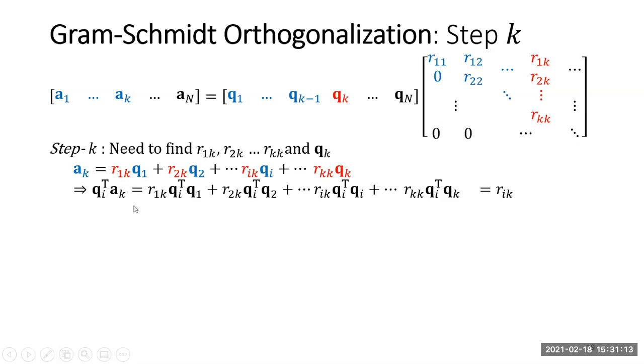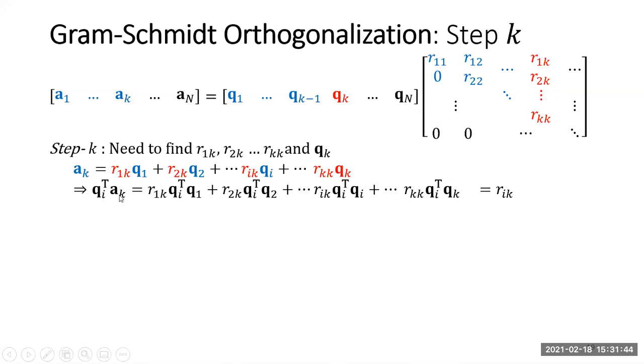So I do this multiplication. I pre-multiply both sides with Qi transpose. All I have remaining is Rik. And all these Qi, Q1, Q2 until Qk minus 1 are known, correct? And Ak is also known. So all these Rik I can effectively find.